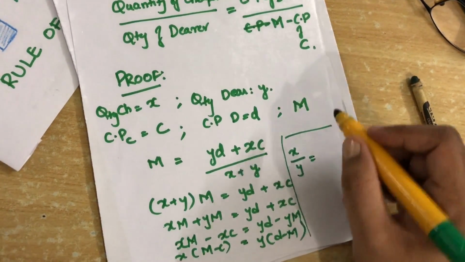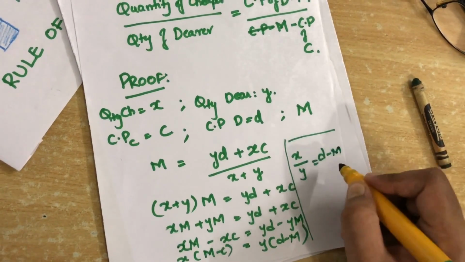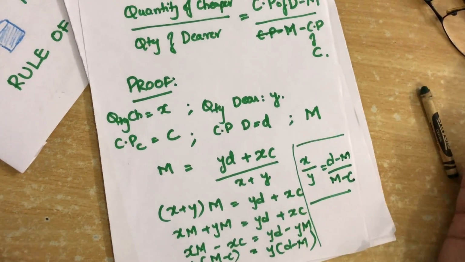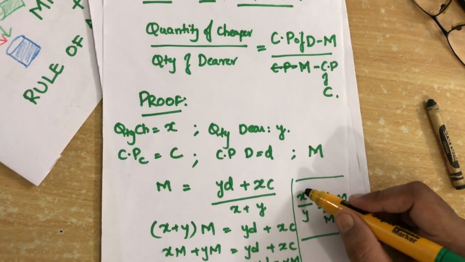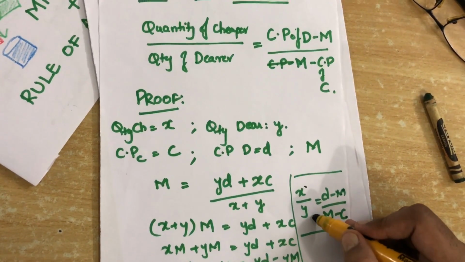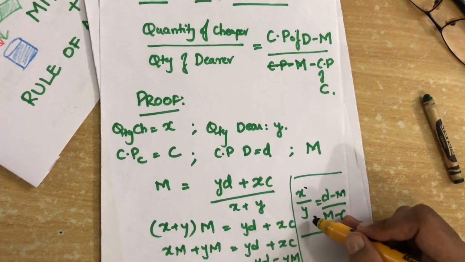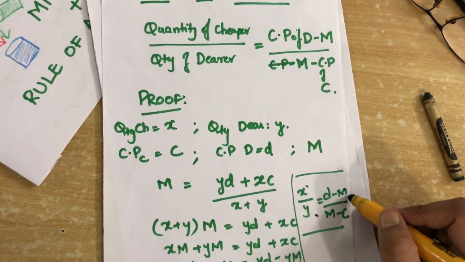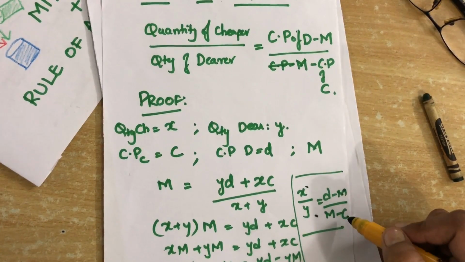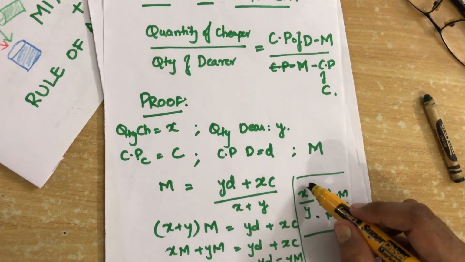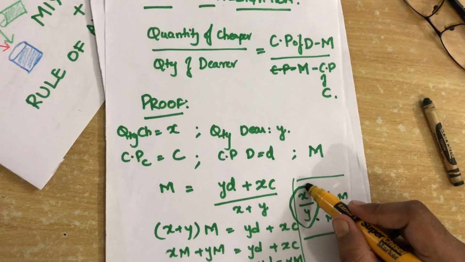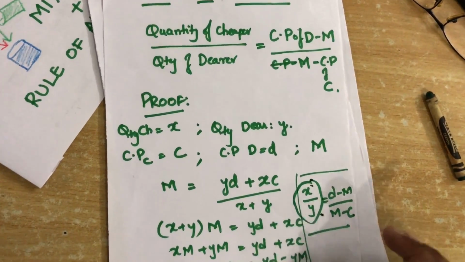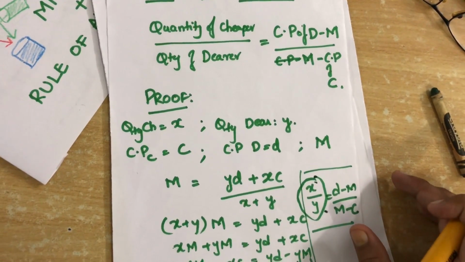X by Y is D minus M by M minus C. So that is the proof, guys, where the quantity of cheaper by quantity of dearer or expensive is nothing but the cost price of the dearer minus the mean price by mean price minus cost price of the cheaper product. So this is basically the ratio in which you have to mix these products in order to get a specific mean price.